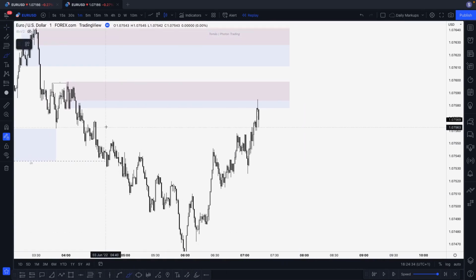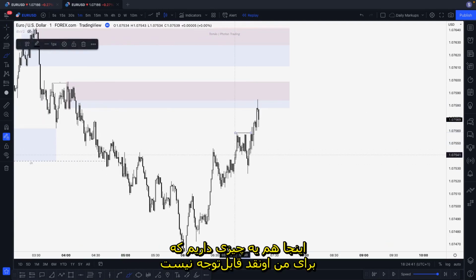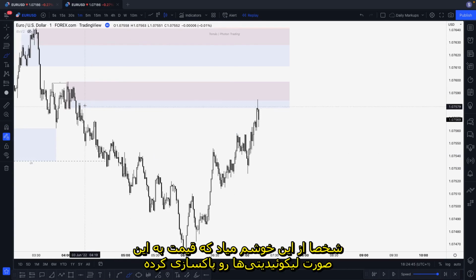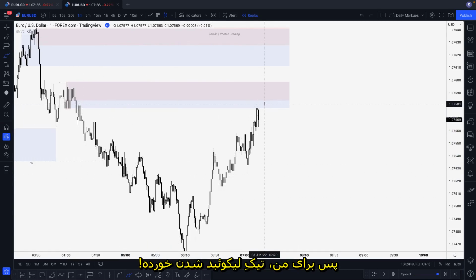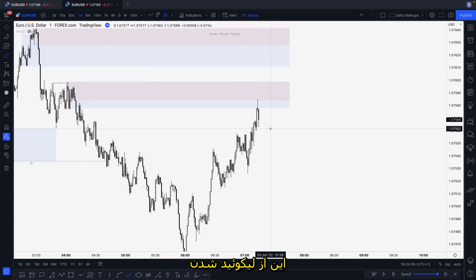Liquidation. I look left. For me, all this is liquidity, especially these equal highs here. We also have something here, but for me it's not the best. I personally really like the way price swept all this liquidity, right? So for me, the liquidation is completed, and if you prefer these equal highs, up to you. So liquidation, right?